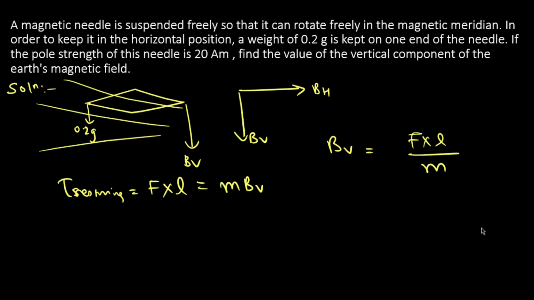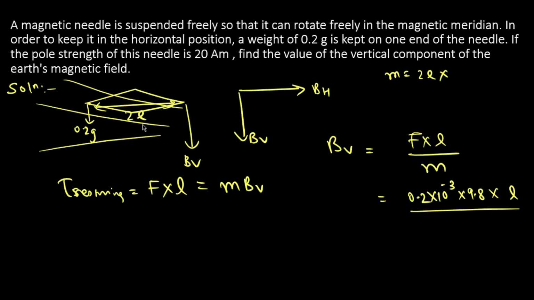F is the weight of the mass that is suspended from this needle. So B_V will be equal to F, that is 0.2 grams, so this will be 0.2 into 10 raised to minus 3 kg into 9.8, that is acceleration due to gravity, into L, that is the length of the needle, divided by magnetic moment. Now magnetic moment is length of the pole, that is 2L, into pole strength. This is the length of the pole, 2L, so this half is the L, and we are calculating torque for this half.